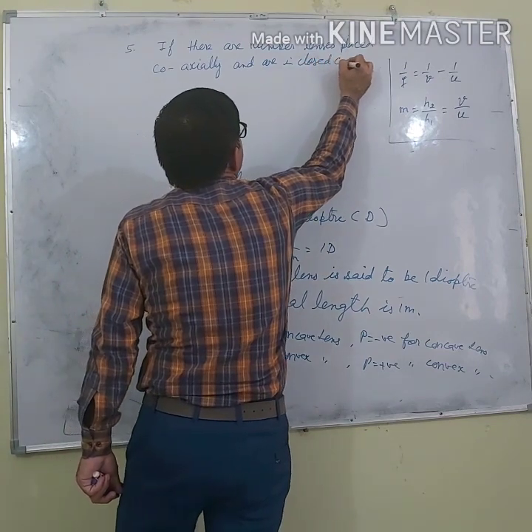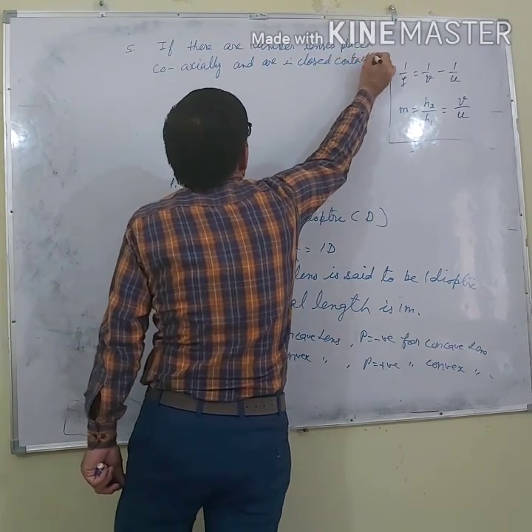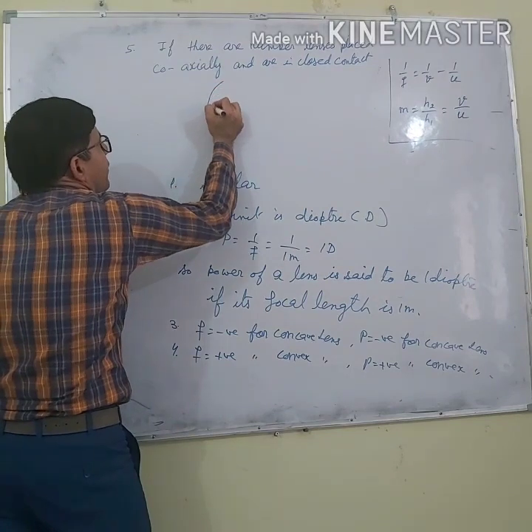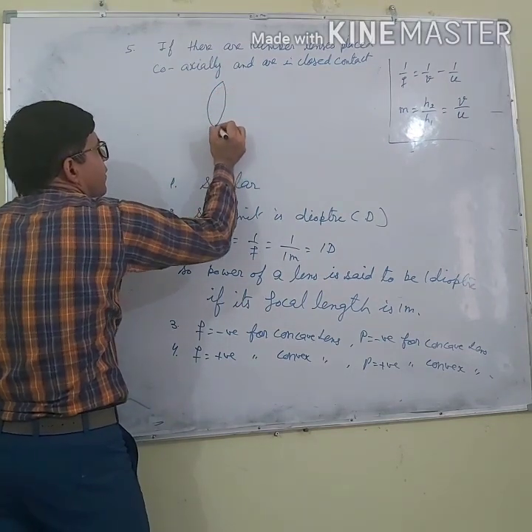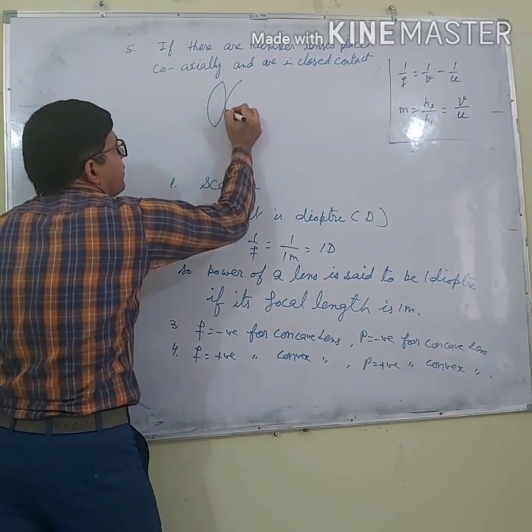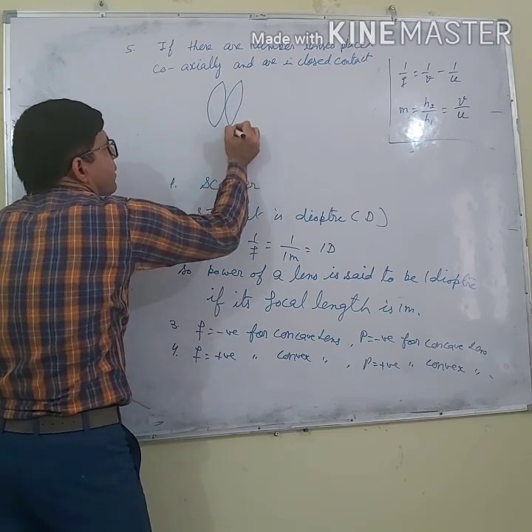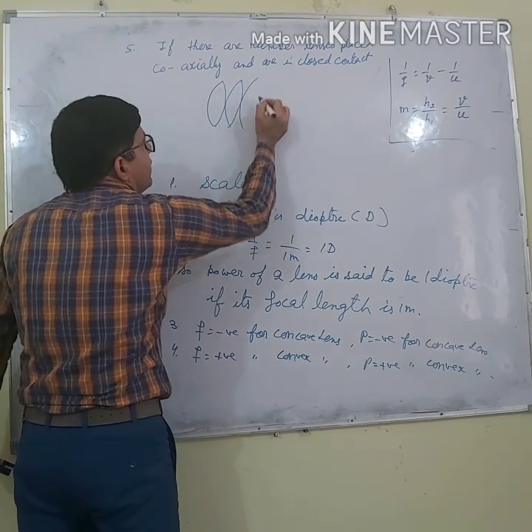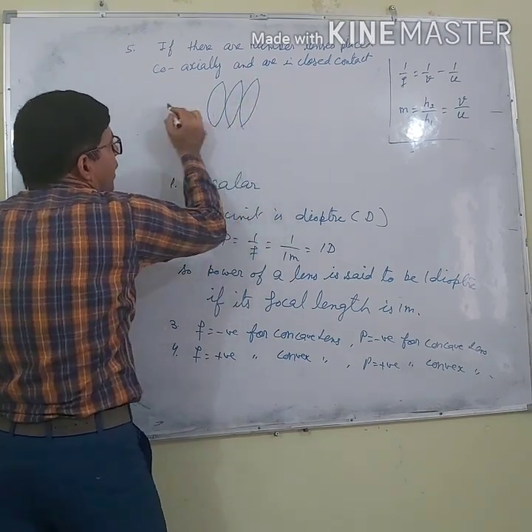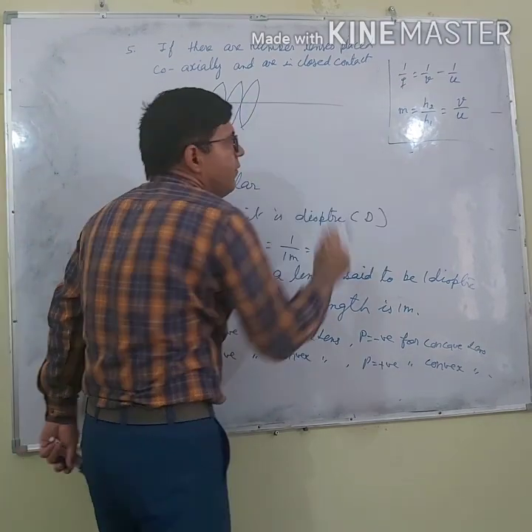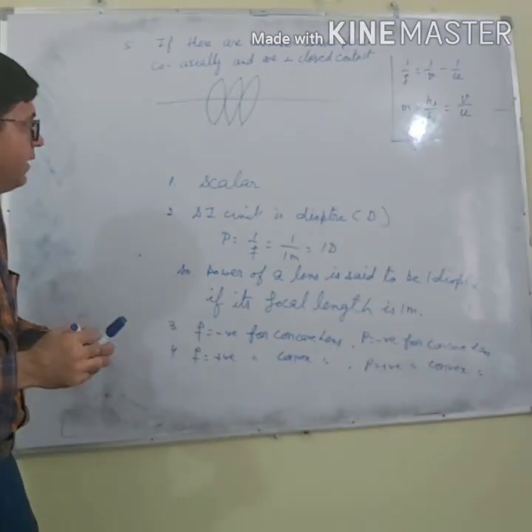Let me tell you what is the meaning of this close contact. Let us say I am having the first lens, this is another lens, right? This is another lens, and they are having the same principal axis.